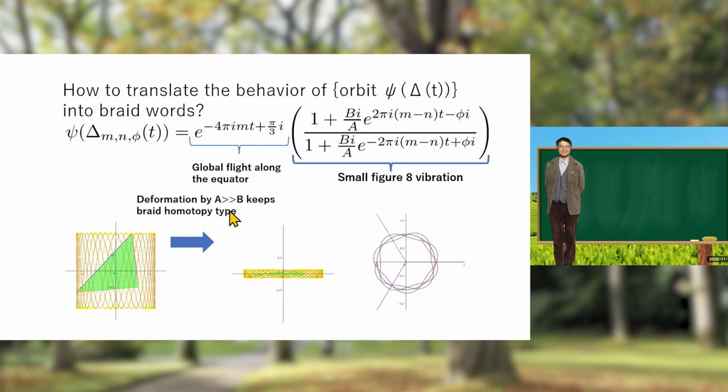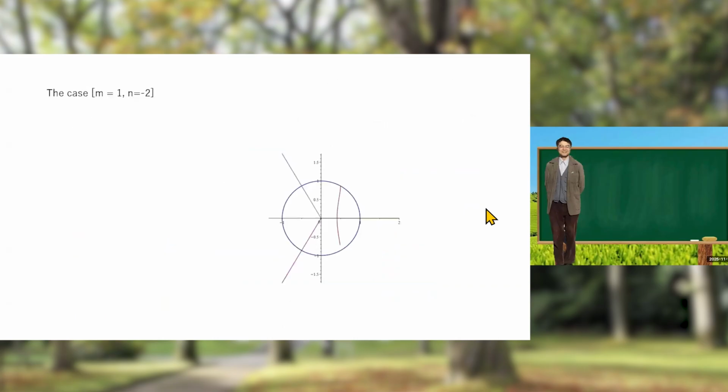If A is much bigger than B, it looks like a simple behavior surrounding the equator, but fluctuating a little bit over it. So this is the case of m equal 1 and n equal minus 2.